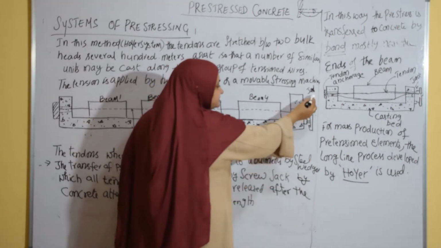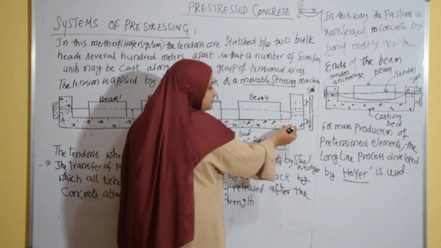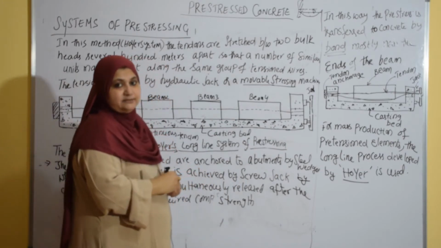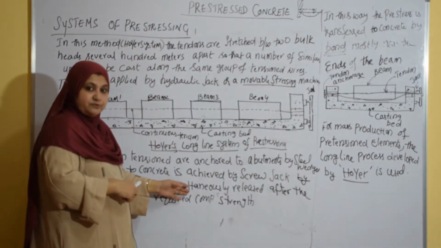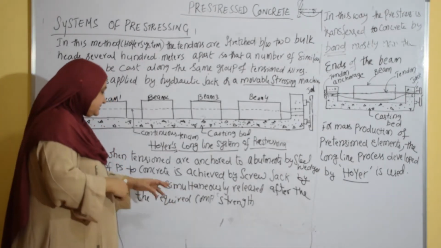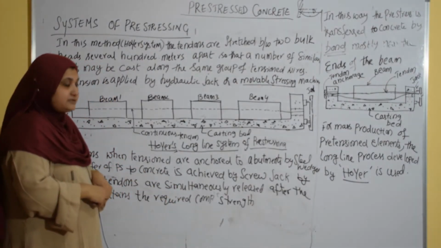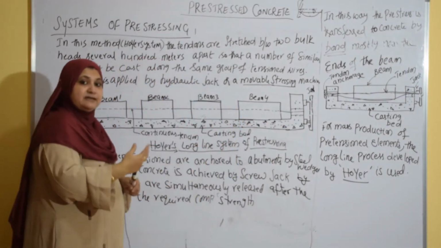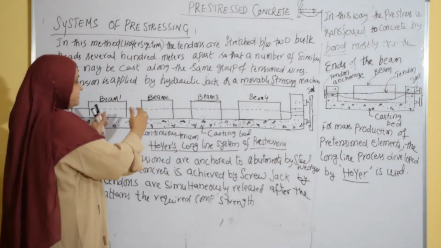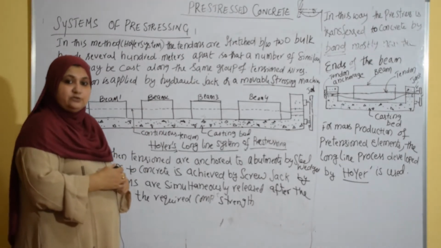So tension is transferred from the steel to the concrete by jack. Once the concrete attains its required compressive strength, the bars will be cut, and they will remove it as a single unit.